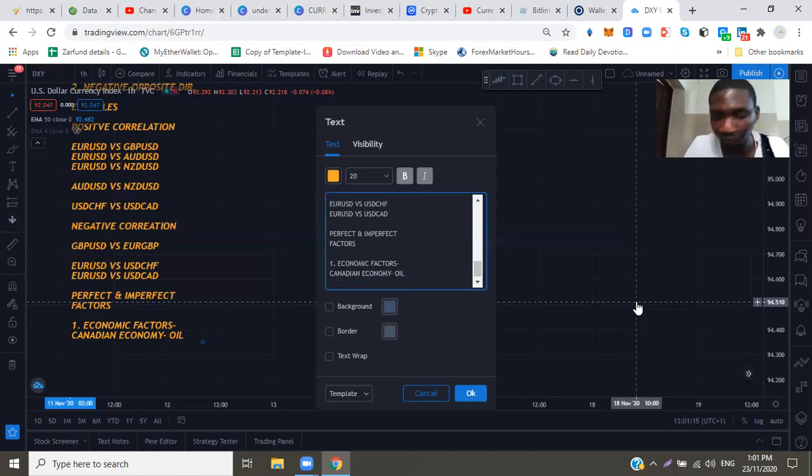Then number two is interest rates. The interest rate regime, for example, and we're still using the Canadian economy, is very important.